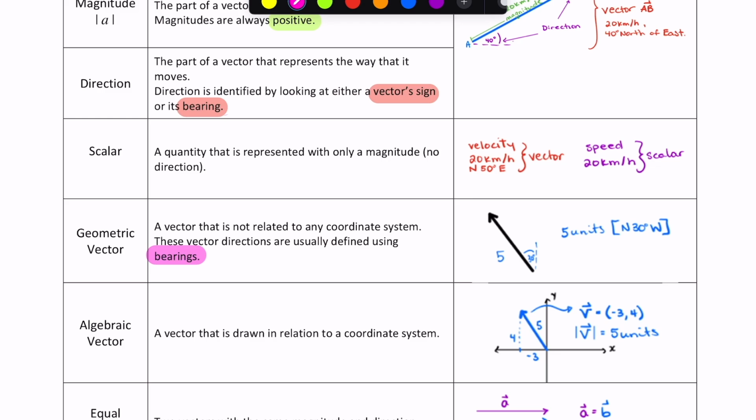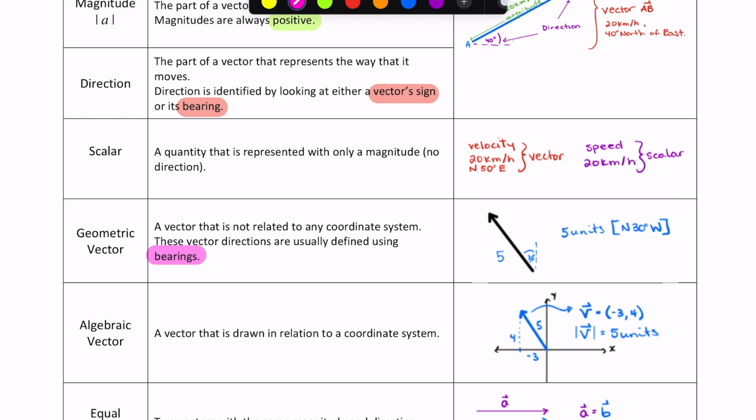An algebraic vector is a vector that is drawn in relation to a coordinate system. So it would be on a coordinate plane, and we would put the actual coordinates based on what is provided. So in this situation, if the vector starts at the origin, it's at 0, 0, and then it moves to negative 3, 4.